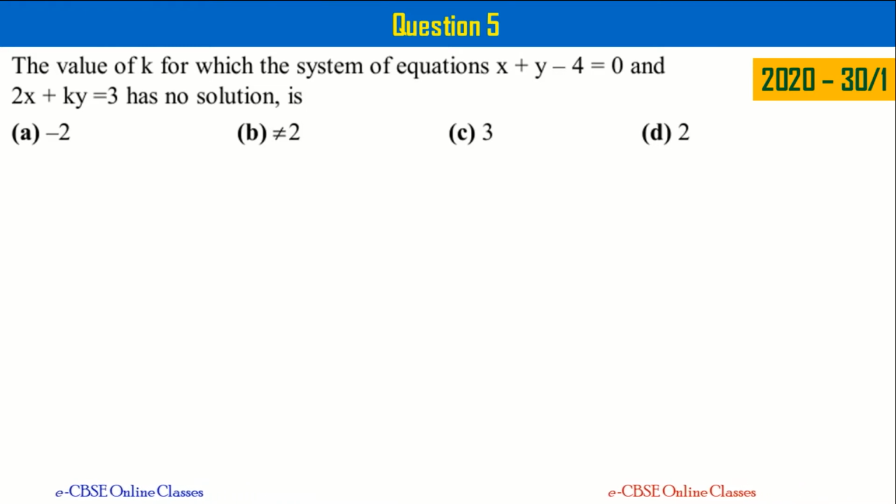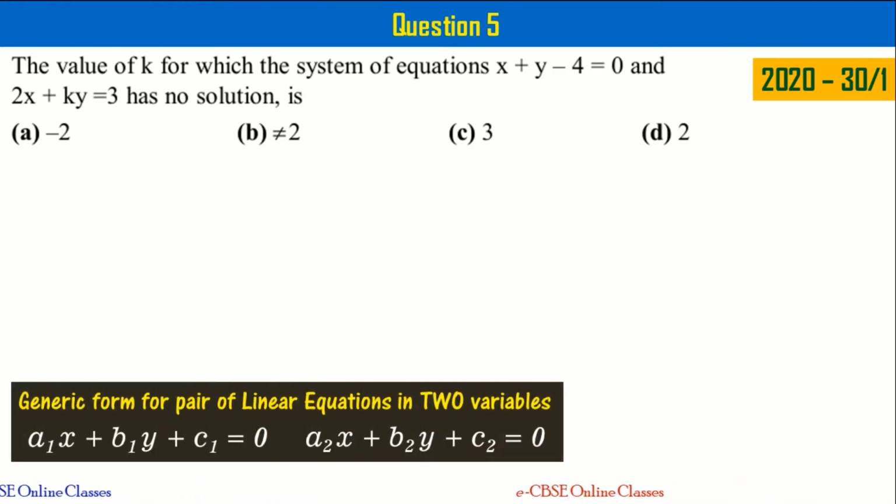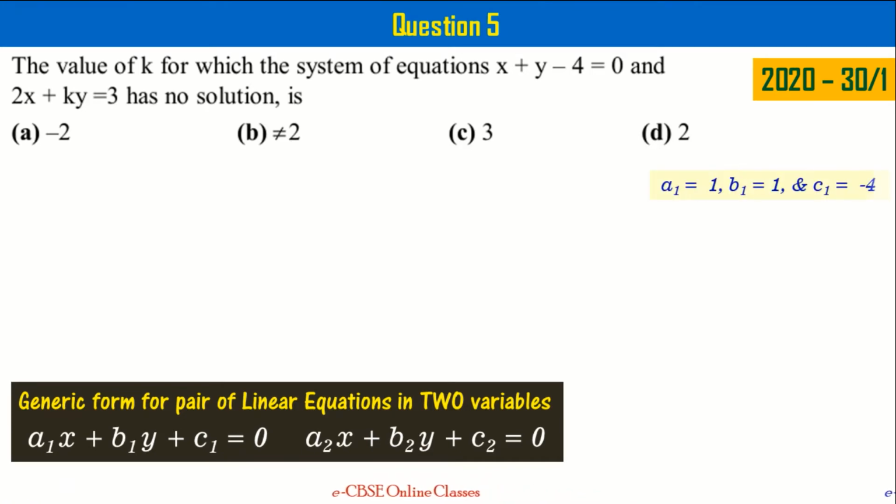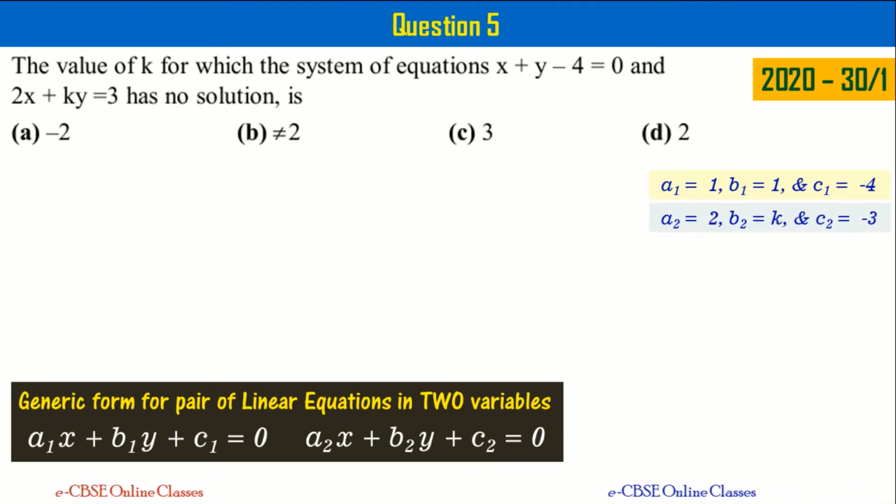Please take a note of this. You compare these equations with the generic form for a pair of linear equations, then you can say that a1 equal to 1, b1 equal to 1, and c1 equal to minus 4, whereas a2 equal to 2, b2 equal to k, and c2 equal to minus 3. Please take a note of this.